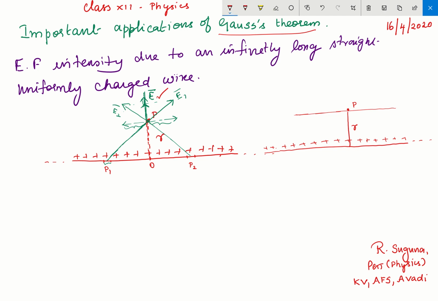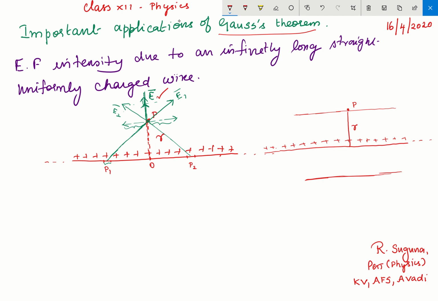Because my point is lying on the curved surface, the radius of the cylinder has to be r, the distance of the point where we have to find the electric field.